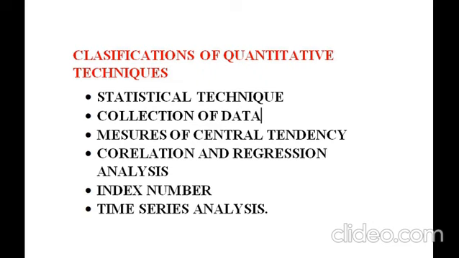Next one, measures of central tendency. Measures of central tendency also are included in statistical techniques. They are used for finding the average of a series. Measures of dispersion are used for finding out the variability of a series.